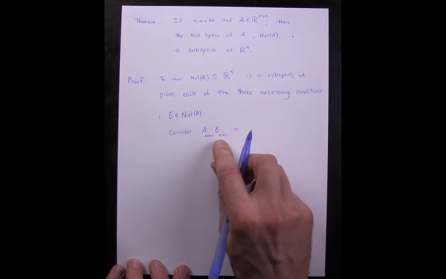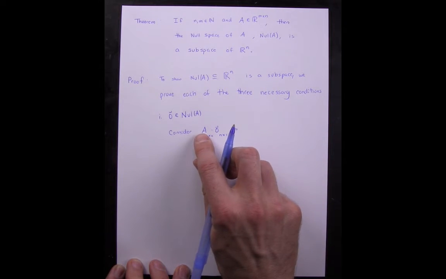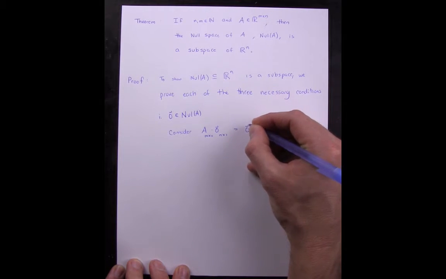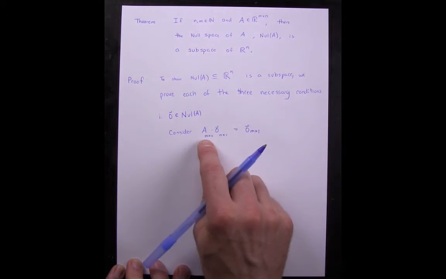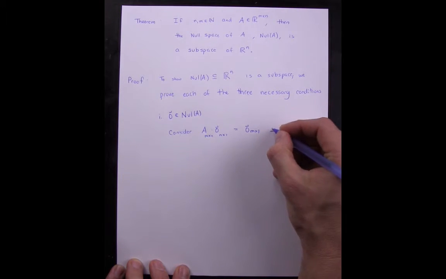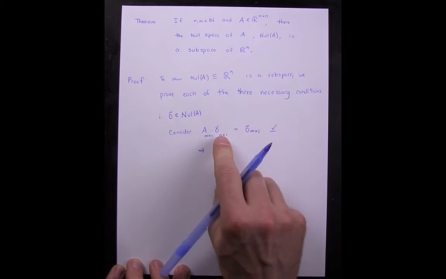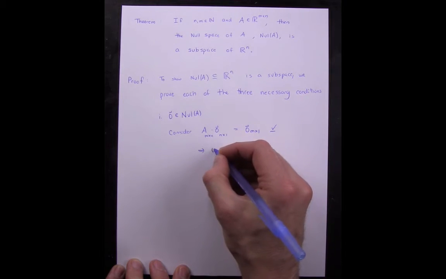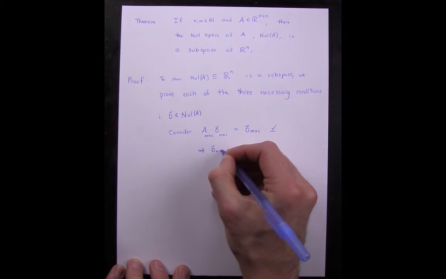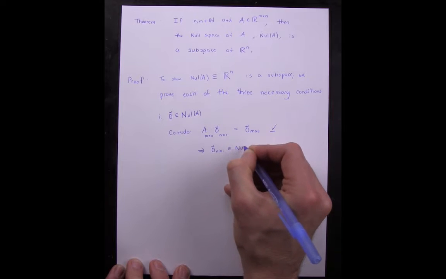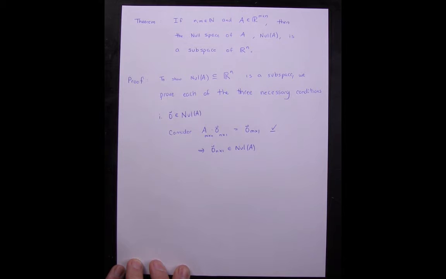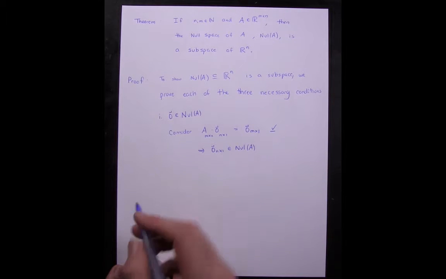But we know that a linear combination of the columns of A with scalar weights equal to 0 must be 0 in the output space. And in particular, because this vector multiplied by A produces 0, by definition, the n by 1 0 vector must be in the null space. We've just satisfied our first condition to be a subspace.